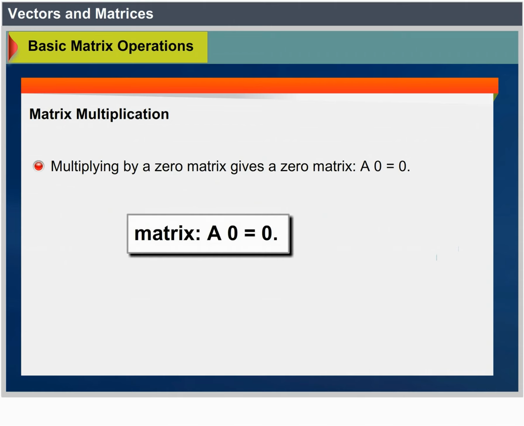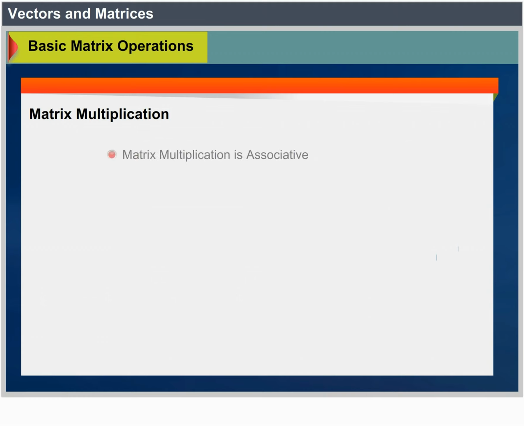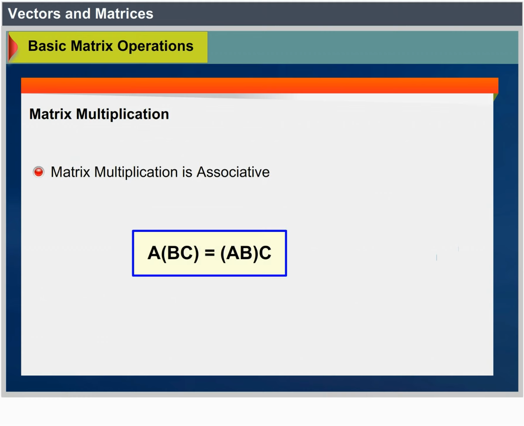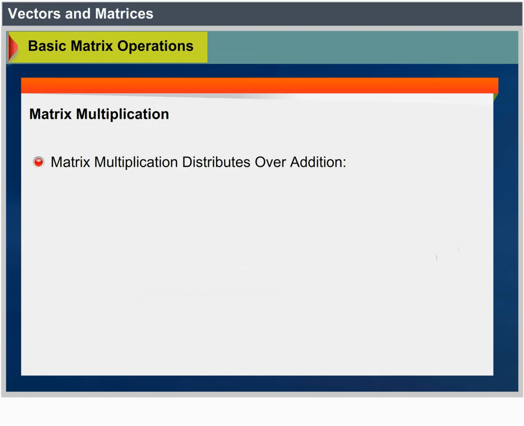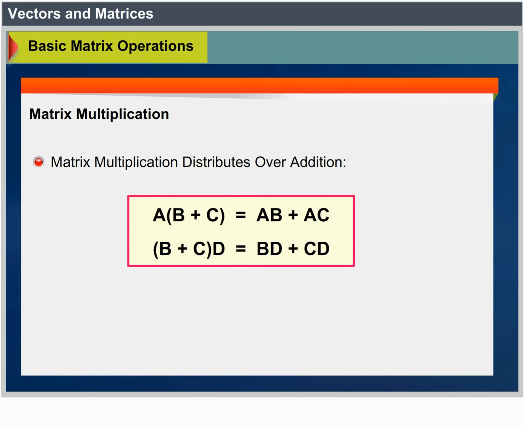Matrix multiplication is associative: A(BC) equal to (AB)C. For compatible matrices A, B and C, matrix multiplication distributes over addition: A(B plus C) equal to AB plus AC, and (B plus C)D equal to BD plus CD.